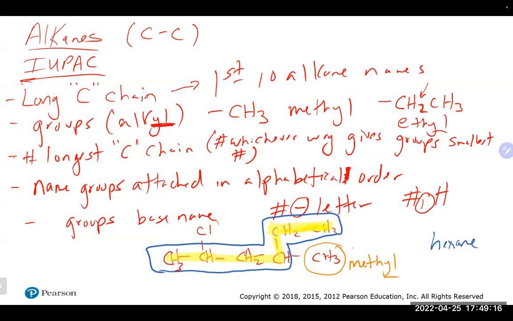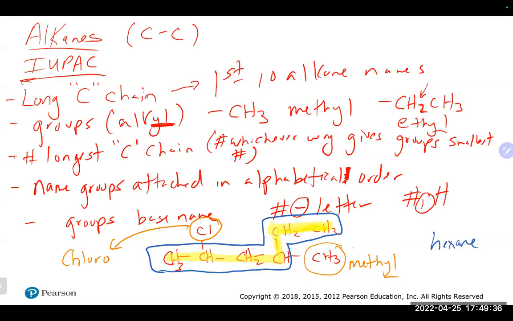Over here is a chlorine, and halogens pop up a lot in organic chemistry. They're named fluoro, chloro, bromo, iodo, where we put an O at the end of them. So this would be a chloro group over there.